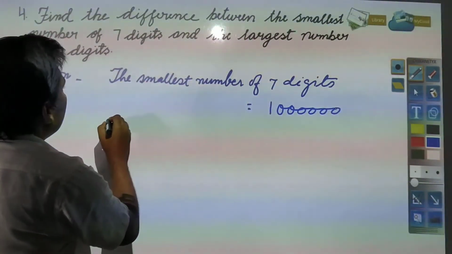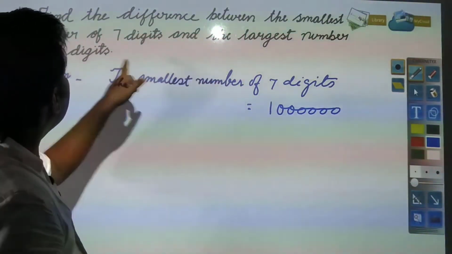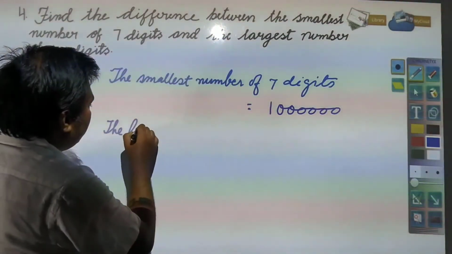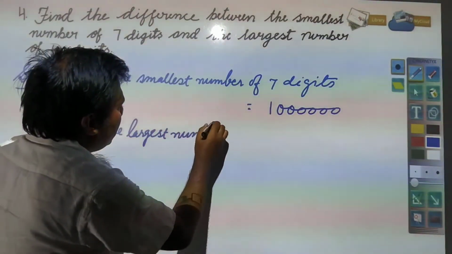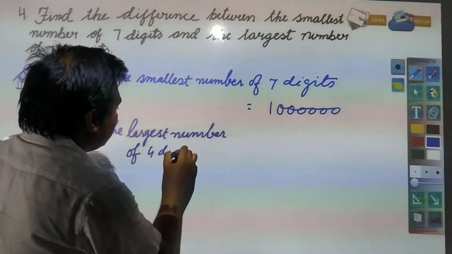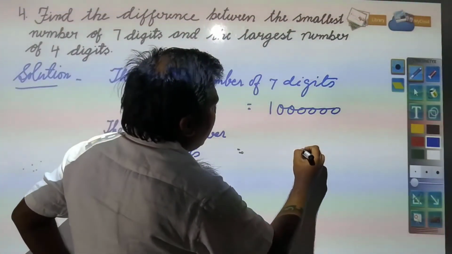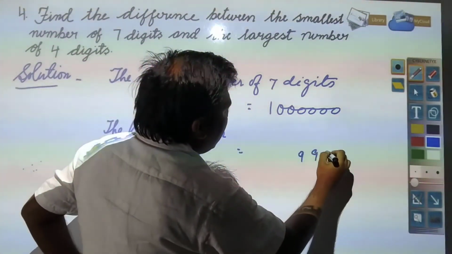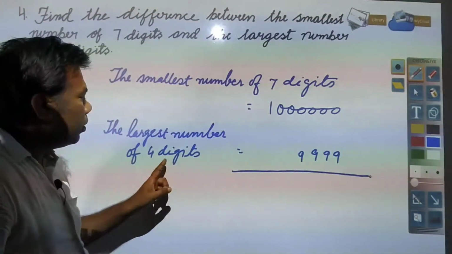And the largest number of 4 digits is equal to 9, 9, 9 and 9. This is your largest number of 4 digits.